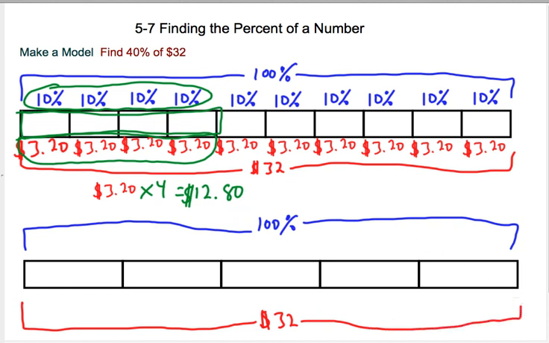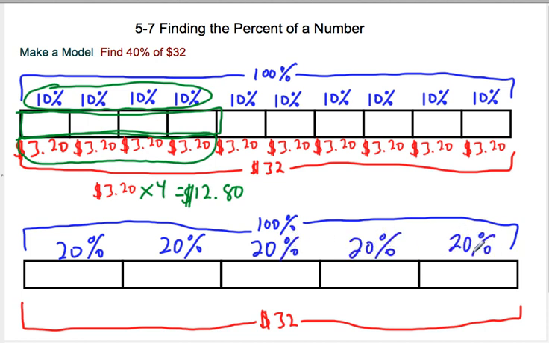This time I split it into 5 squares, so each one would be 20%. I'll just write it this time since it's only 5. And then 32 divided by 5 would be not 3.20 but $6.40. And that would be true for all of those squares.